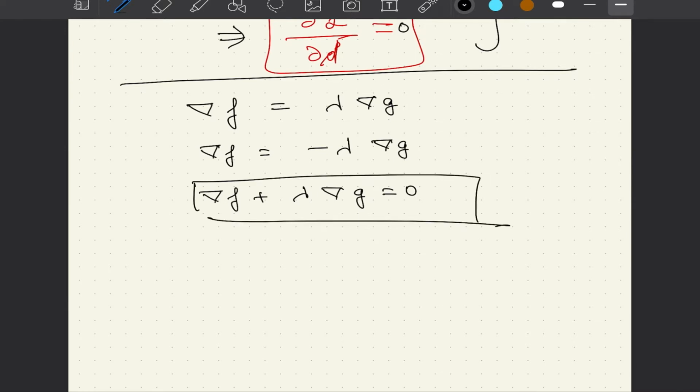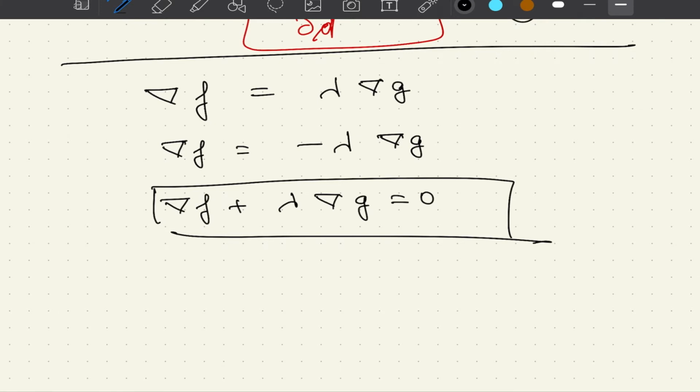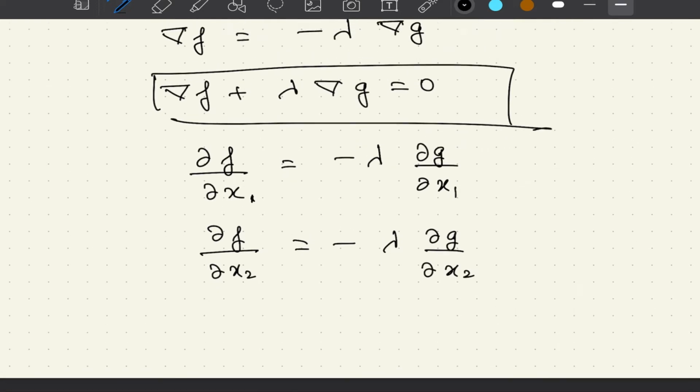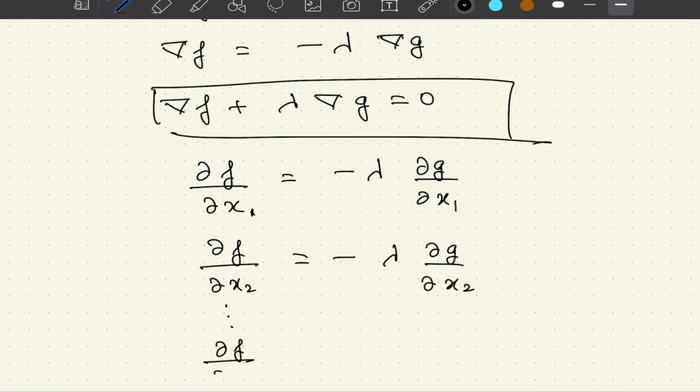Now, when we extend this discussion to the multivariate case, what we would expect is that the condition on the gradient is satisfied even in multiple dimensions. When we open it up, we end up with del f upon del x1 equal to minus lambda times del g upon del x1, del f upon del x2 equal to minus lambda del g upon del x2, and we can keep on writing this as del f upon del xm equal to minus lambda del g upon del xm.